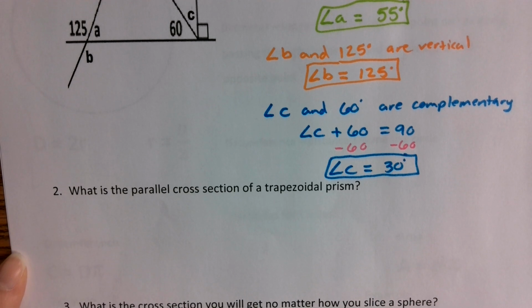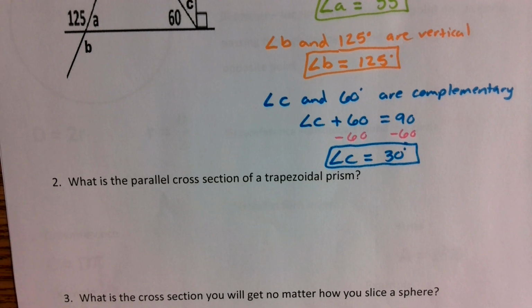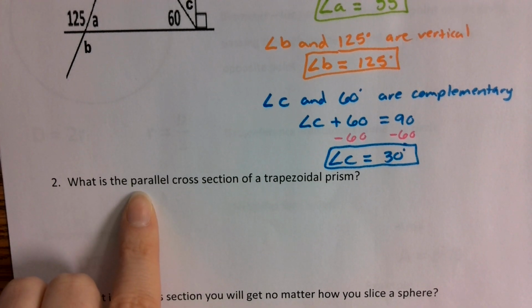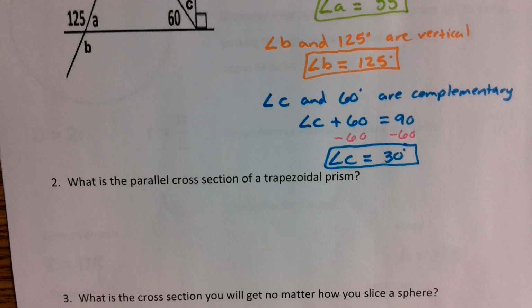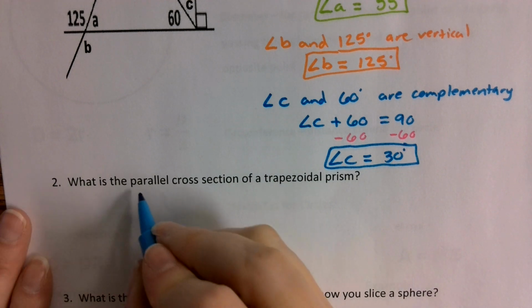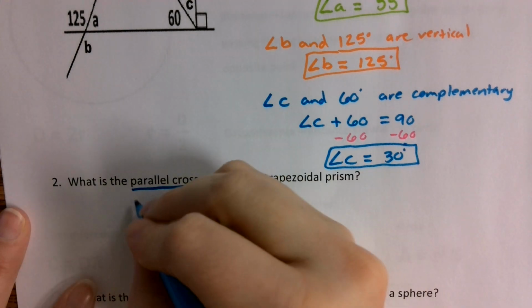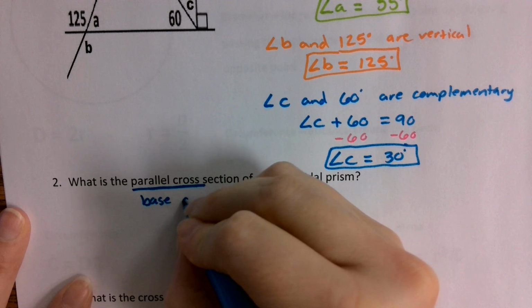If we're doing a parallel cross-section, it's always going to be what on the shape? Hassan? The base. If we do a parallel cross-section, it is always going to be the base of the shape.